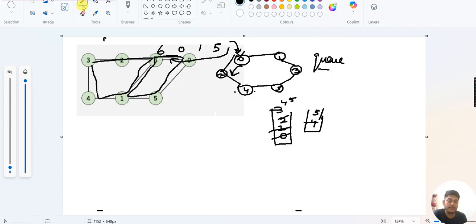So we will also keep track of a parent array. We can see that 4 was pushed by 2 but not by 5, and the neighbor of 4, which is 5, is already in the queue. That means there is a cycle in the graph. So we have to detect a cycle.